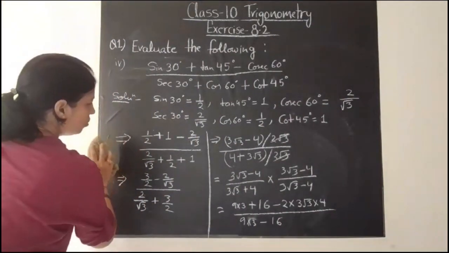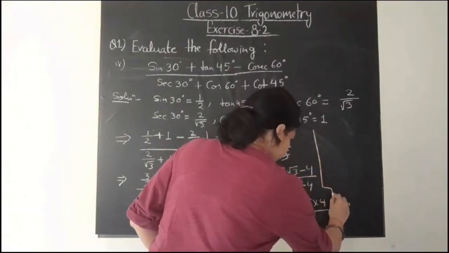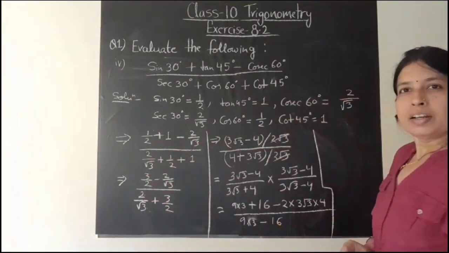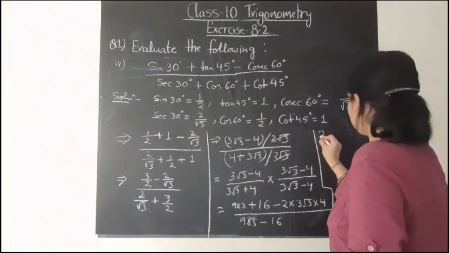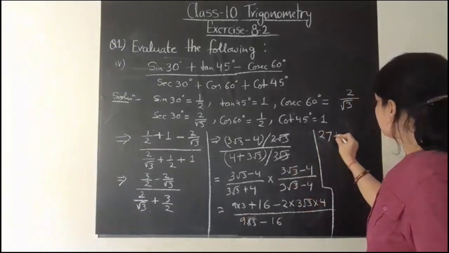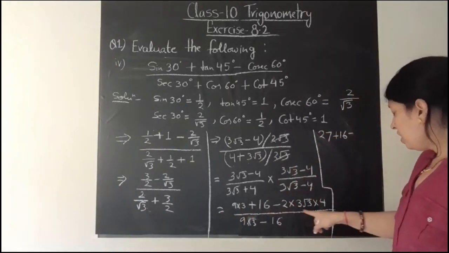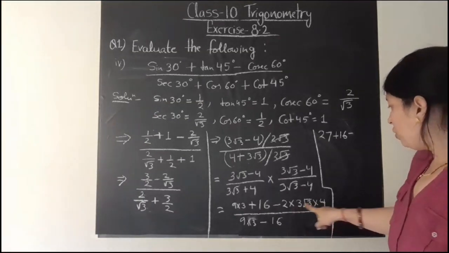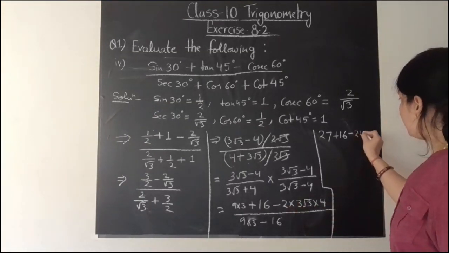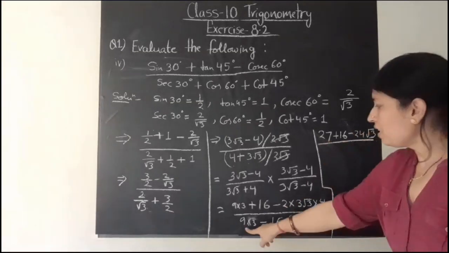Then I am going to write here 9 3 ja 27, plus 16 minus, here it will be 4 2 ja 8, 8 3 ja 24. 24 root 3 divided by 9 3 ja again 27 minus 16.